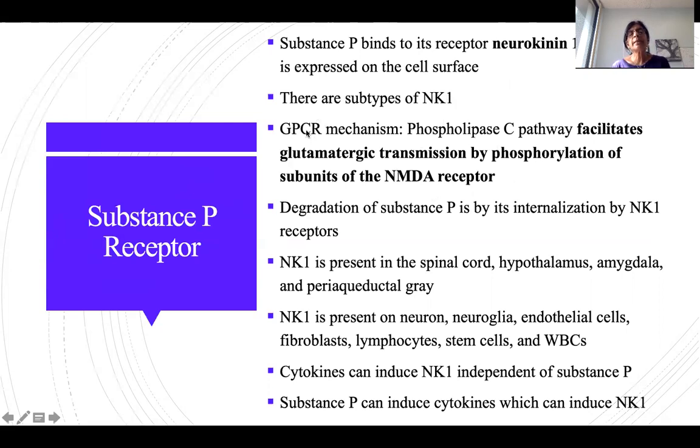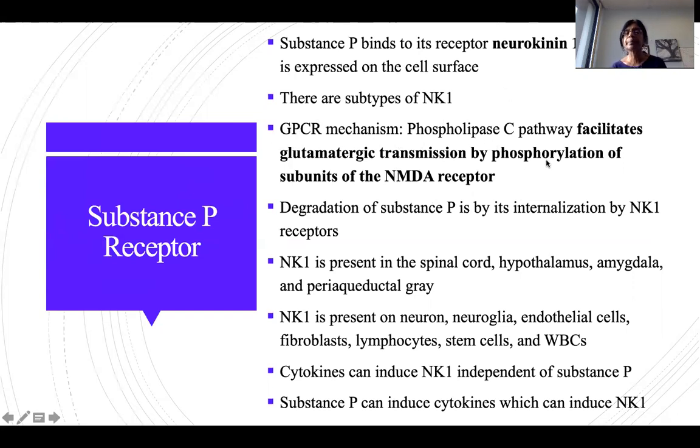G protein coupled receptor mechanism, GPCR, is what is turned on when substance P binds to NK1. Once G protein is activated, there are many mechanisms that can be turned on in the target cell, but here specifically the phospholipase C pathway is turned on.